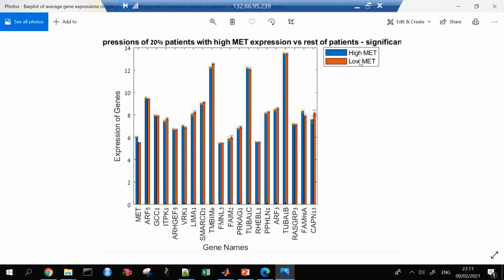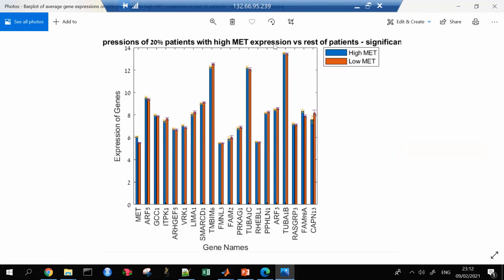Here I didn't really indicate whether low is rest or actual low expression. It would just make the code cumbersome, and you can easily change that via the GUI in MATLAB.